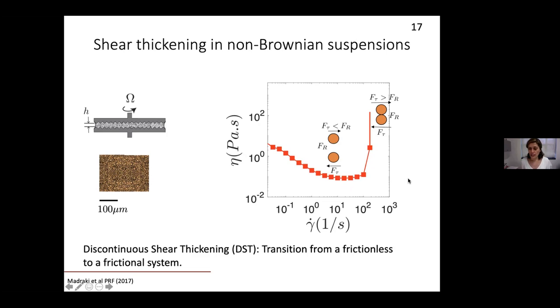So when we shear this material, there is no contact initially. It's like you have a system of frictionless particles in a viscous liquid that move around each other. But as you increase the rate of shear, or equivalently the stress in your system, at some point the stress becomes larger than the normal repulsive stress between the grains, and that brings the particles into contact.